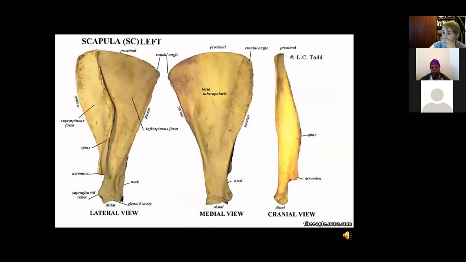The scapula is the only triangular flat bone in the body. It fits onto your ribs, and if you move your shoulder up and down, you will feel it moving on the back of your body. The flat part goes against your ribs, and if you look in the lateral view, that ridge, the scapular spine, is where the muscles attach.